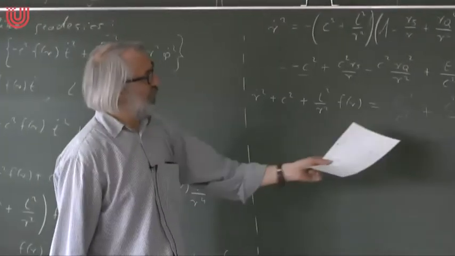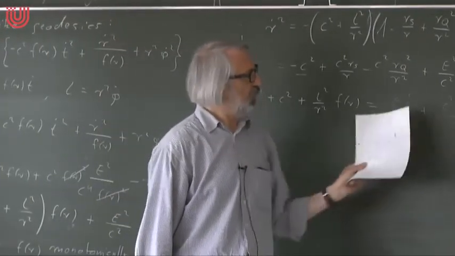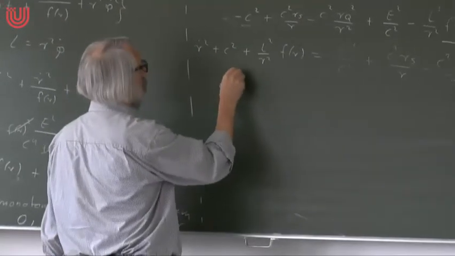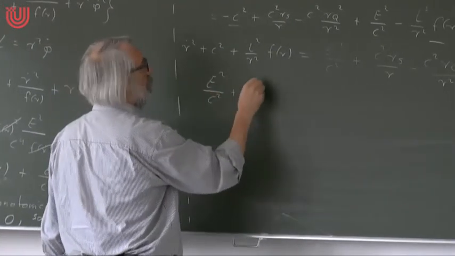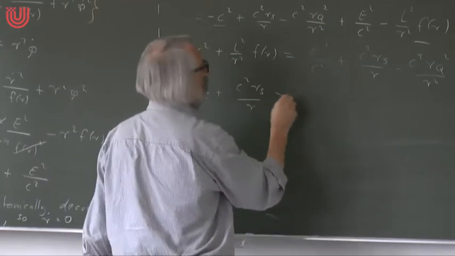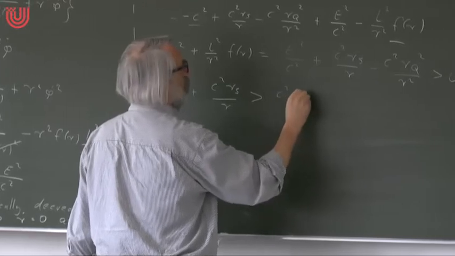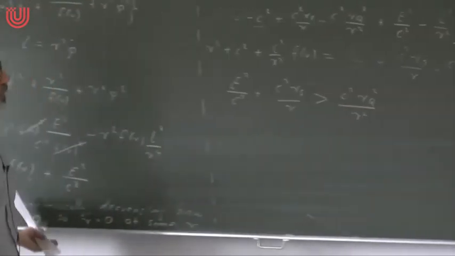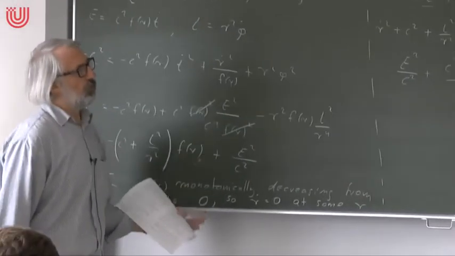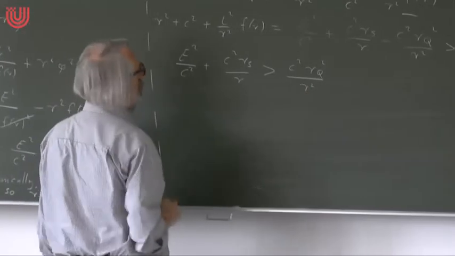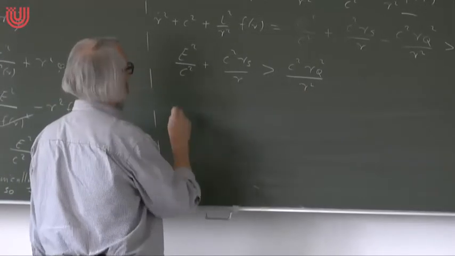And this means that this thing here must be smaller than what I have on the other side. So I have E squared over C squared plus C squared Rs divided by R must be bigger than C squared RQ squared over R squared. And because my radius values are positive, I can multiply with R squared without violating the inequality.